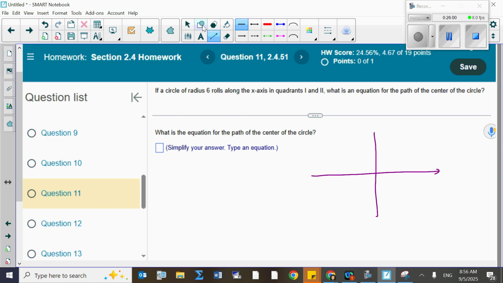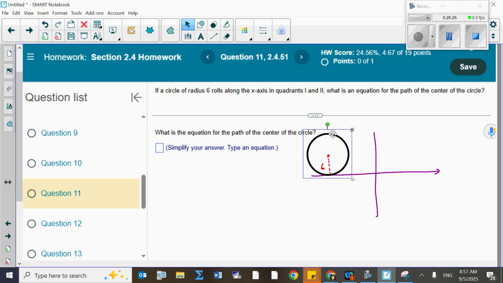Let me draw a circle here for you, something like this. The radius is 6. That means this distance is 6. Now, if I roll this along the x-axis, this is going to happen.